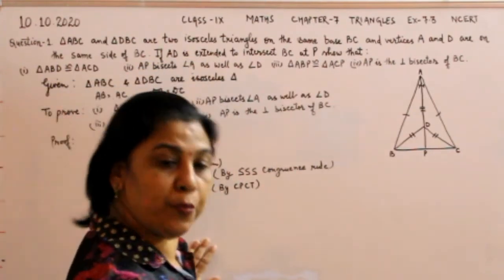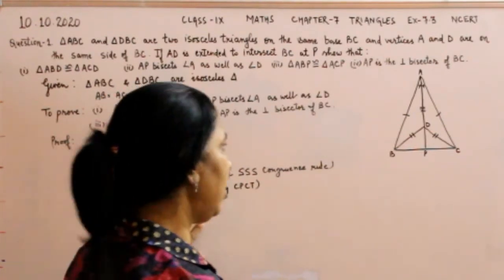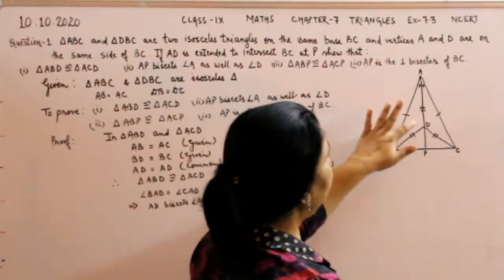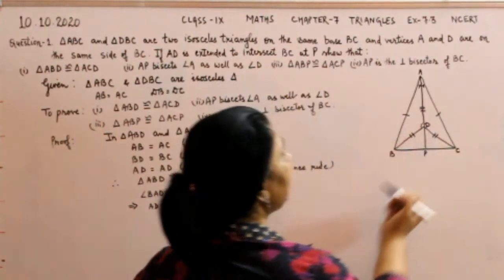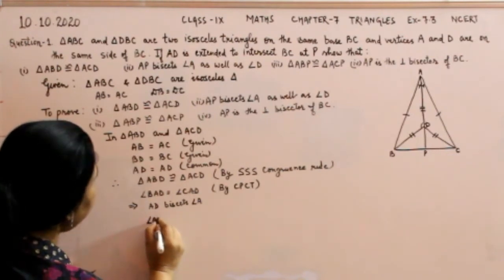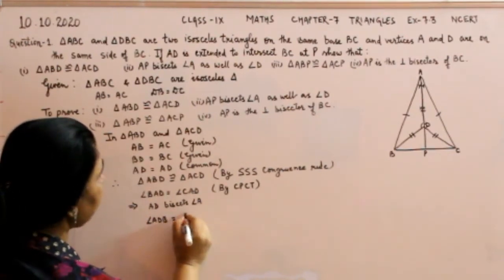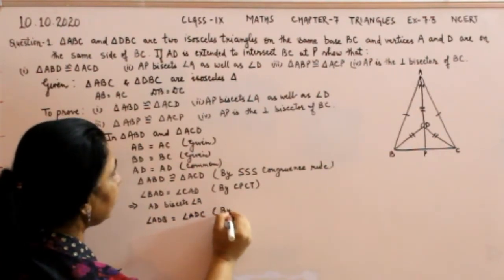Angle D we will prove now. We have just proved that it bisects angle A. Now these two triangles are congruent, so this angle is equal to this angle. Angle ADB is equal to angle ADC by CPCT.